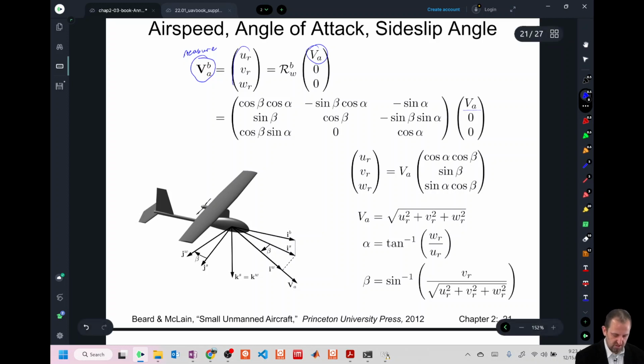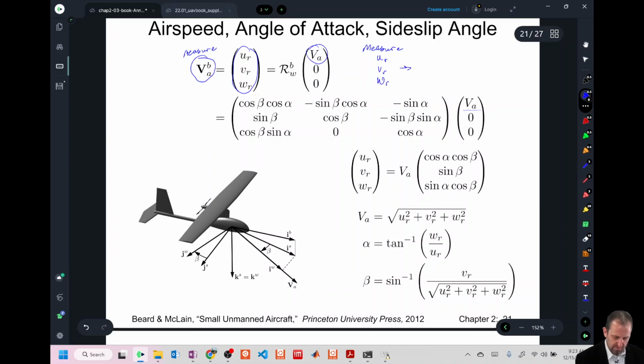So if we've measured our relative air vector in the body frame, we have U sub R, V sub R, and W sub R. So let's write this out. We measure UR, VR, and WR.